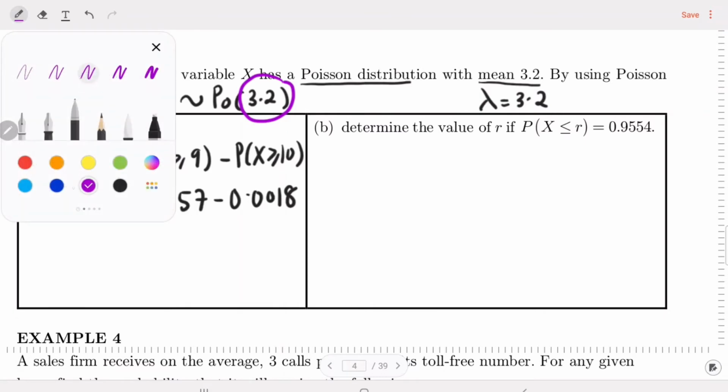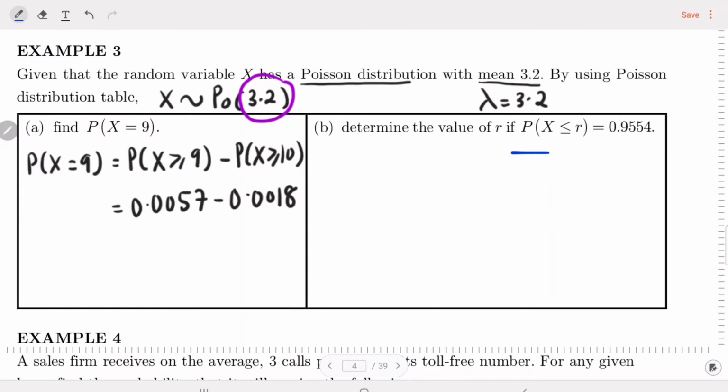And for B, we need to find the value of R if probability x less than or equal to R is equal to 0.9554. So in order to use the Poisson table, we need to change it into x greater than or equal.